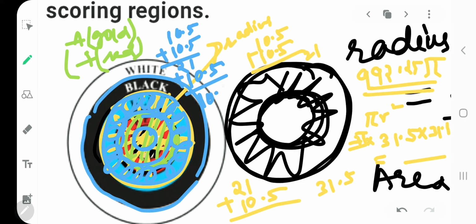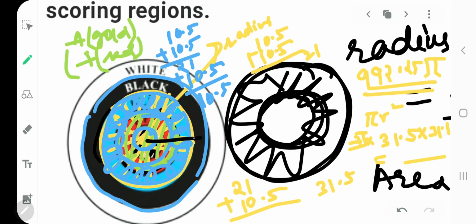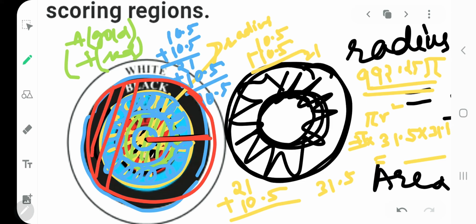Then I increased 10.5, so I'll get 42 for my black region. So this complete radius is 42. Got my point clear? Now I'll take the area of this entire circle with 42 radius and find the area. But what area I'll get will be this.